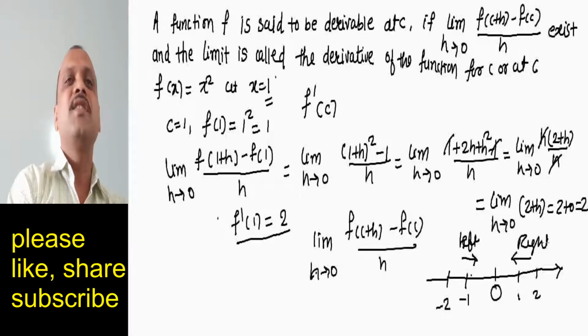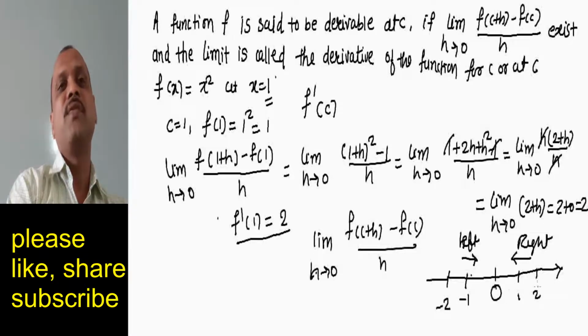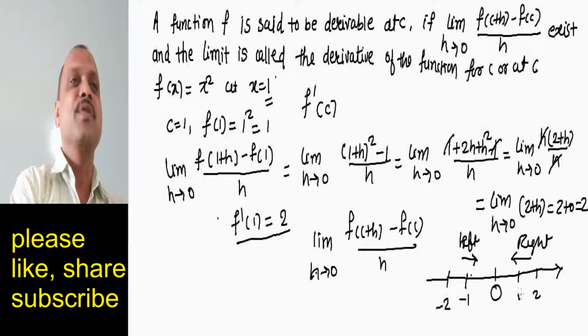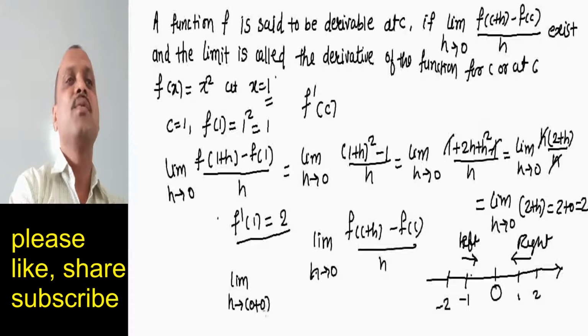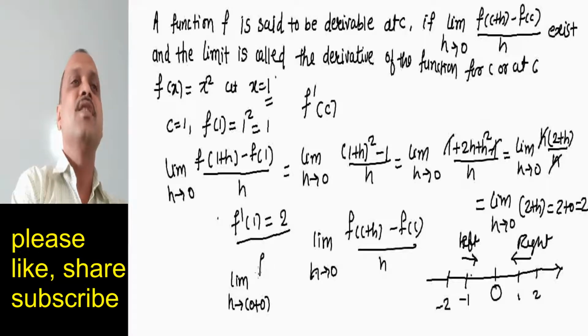So on the right side of 0, when h takes positive values, we call it a right derivative, and we write this derivative with the limit h tends to 0 plus. So 0 plus means we are taking h for positive values, and this is f of c plus h minus f of c divided by h.